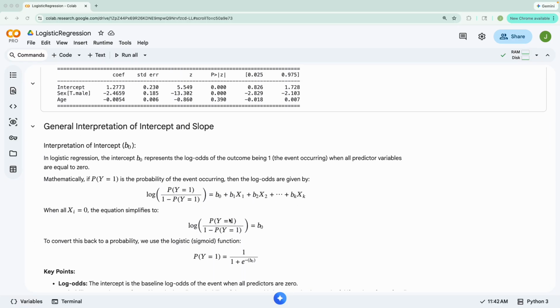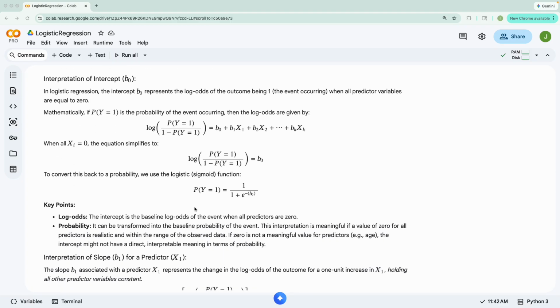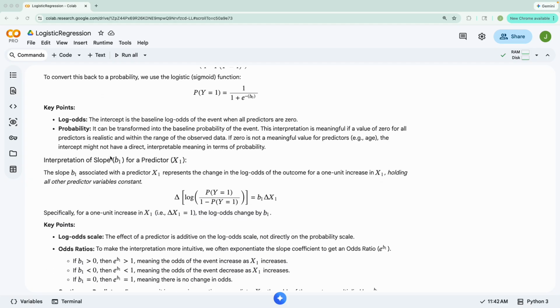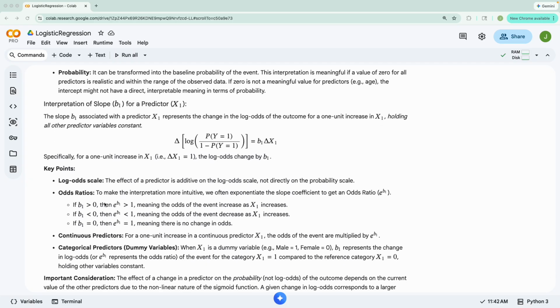Now something that's really, really important is this odds ratio. So there's this interpretation of generally not the intercept, but the slope coefficients. You can read this if you'd like, but generally it's for the slope. So if b1 is greater than 0, that means the odds of the event increase as x1 increases.